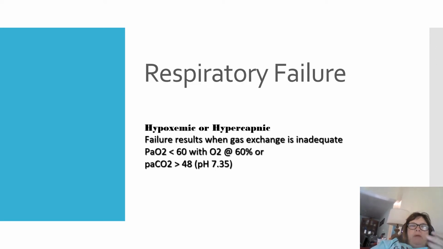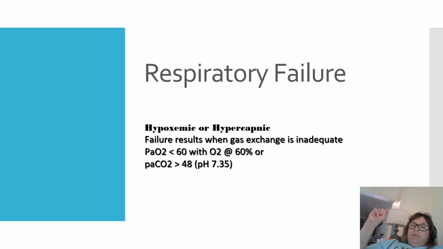We're going to talk about respiratory failure, and respiratory failure is described as either hypoxemic or hypercapnic. Failure results when gas exchange is inadequate. So your PaO2 is less than 60 with oxygen at 60%. Now, remember that you or I don't require oxygen, so anybody who requires oxygen is compromised.